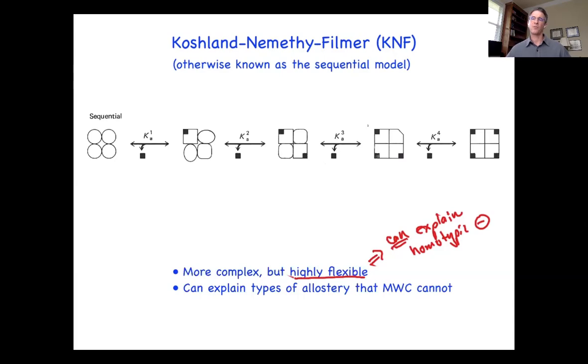So the algebraic form of these equations is a function of how complex your molecule is, and so they can be highly complex. So that put some people off, the loss of simplicity that came with the MWC model. And yet there is this observation that it can explain things MWC can't.